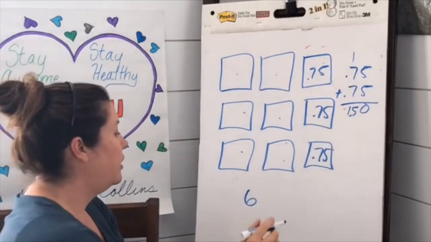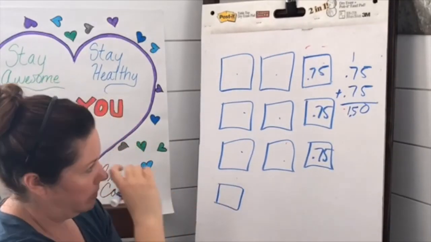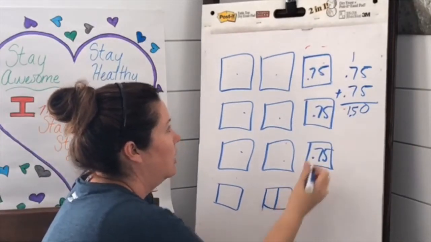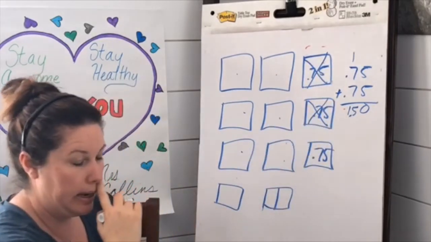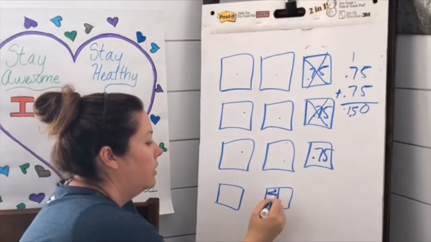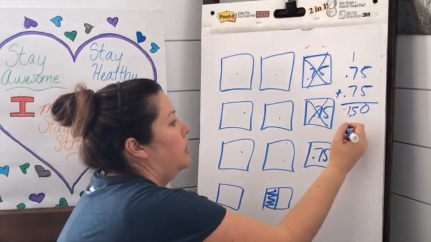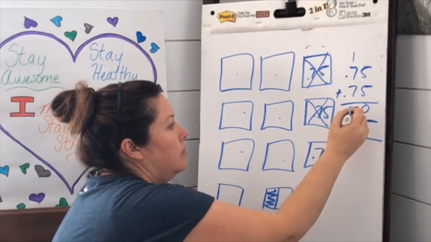That's another full grid here, okay? And then that's a half a grid, so I'm going to put a half a grid right here, and I'm going to cross that out, and cross that out. So right now we have a half a grid and a full grid, but we have another 75 here.